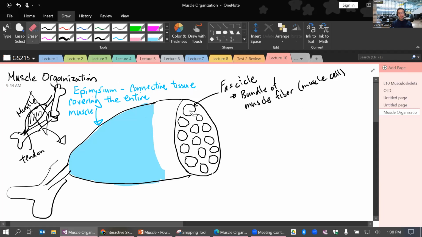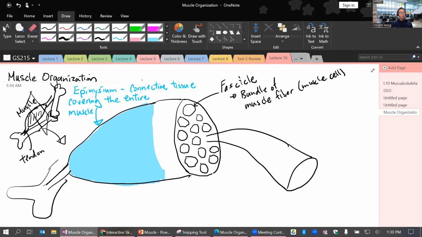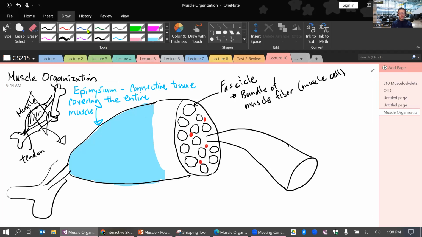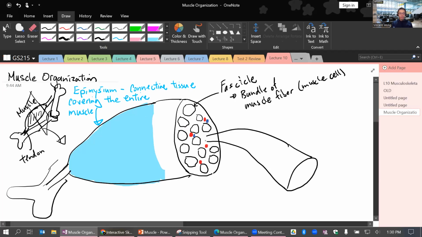Okay, so that's a fascicle, that's a fascicle, and I can pull one of these fascicles out. So that's a fascicle that I just pulled out. This whole thing is a bundle of muscle cells, a bundle of muscle fibers. Now, between the fascicles, I might have blood vessels, because you need blood supply to your muscle. So those are the arteries, and then you might have veins next to them. Okay, and we will also have some nerve endings.